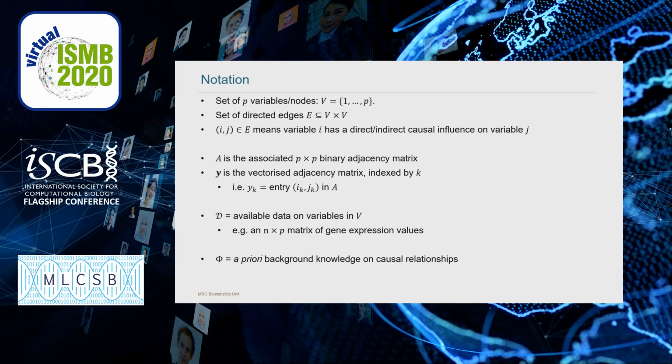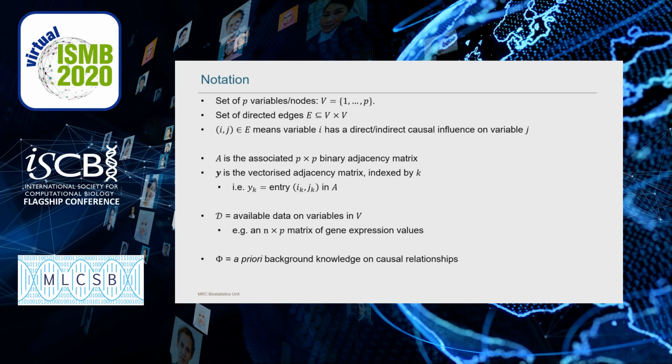Before I go into a bit more detail on the method, I'll first introduce a bit of notation. So we have p variables, p nodes in the network forming vertex set V, and then a set of directed edges forming a set E, and then a directed edge from node i to node j in E means that variable i has a causal influence on variable j, and this can be direct or indirect depending on the context.